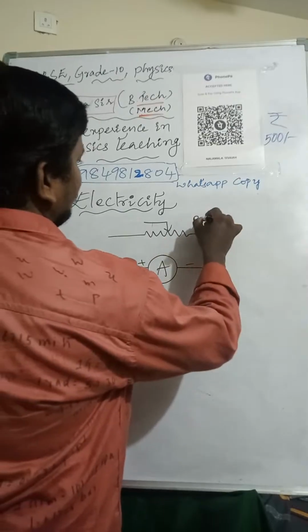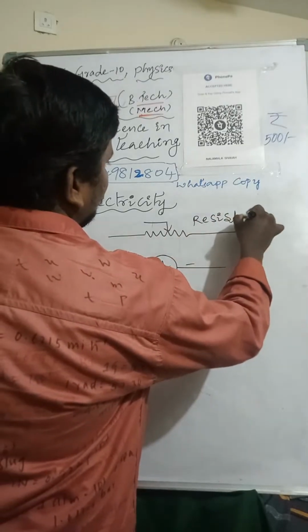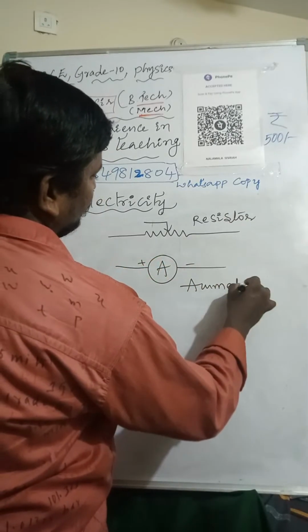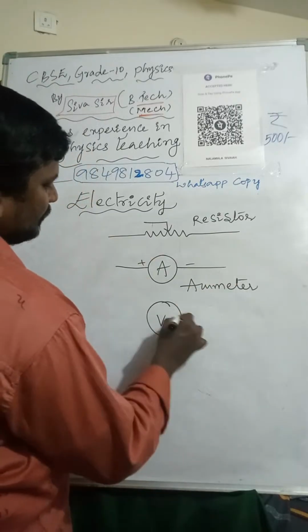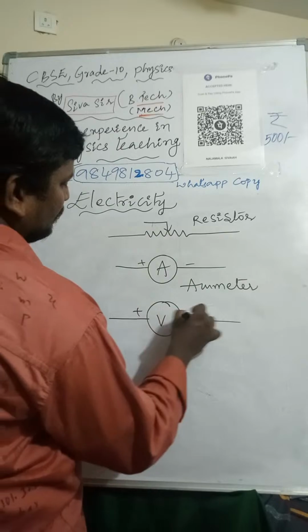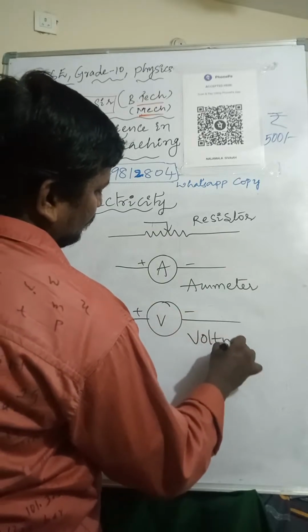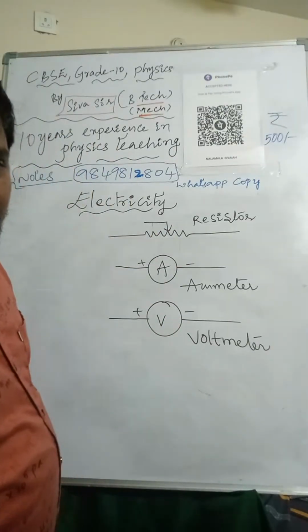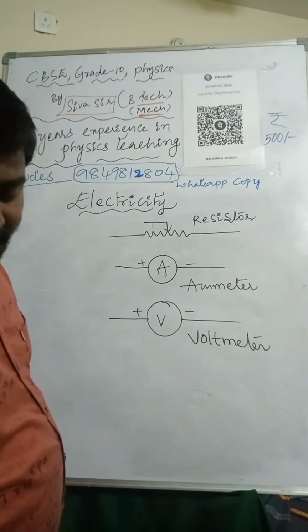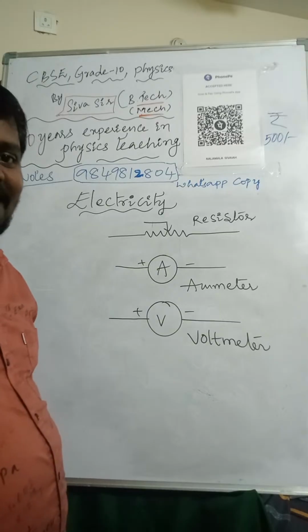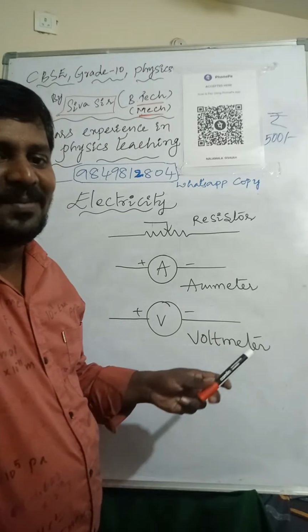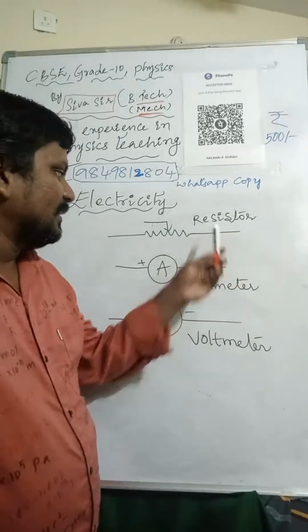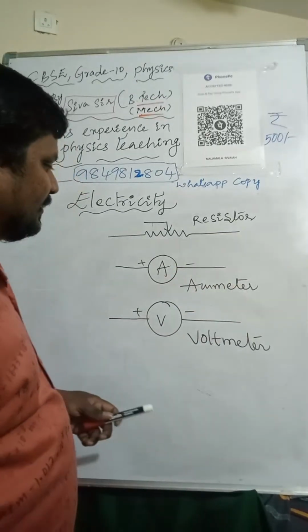This is the resistor, ammeter, voltmeter. Next one, galvanometer, it is there.